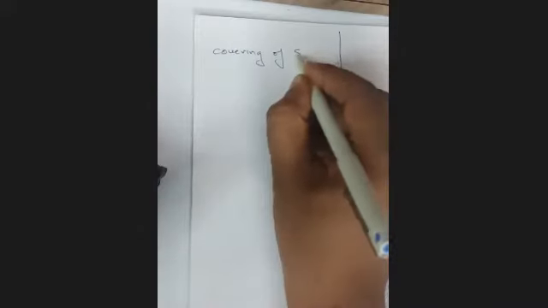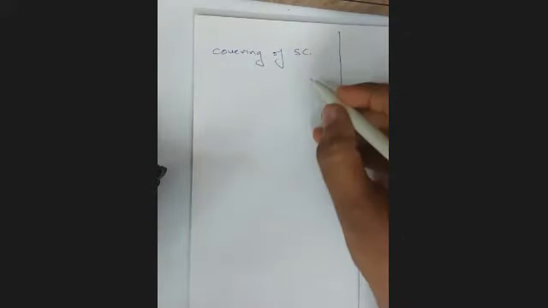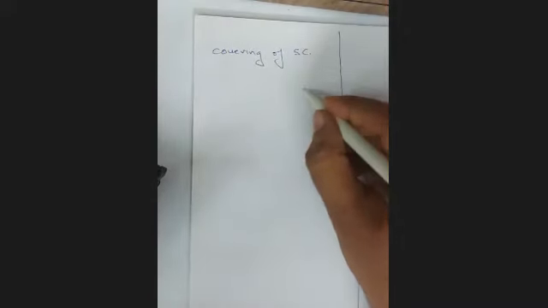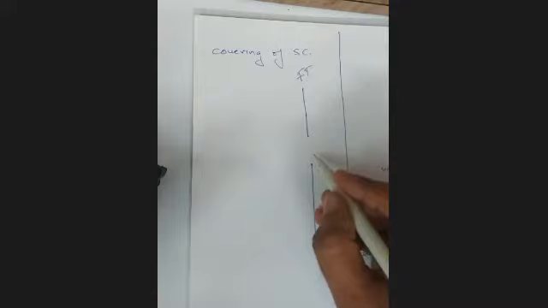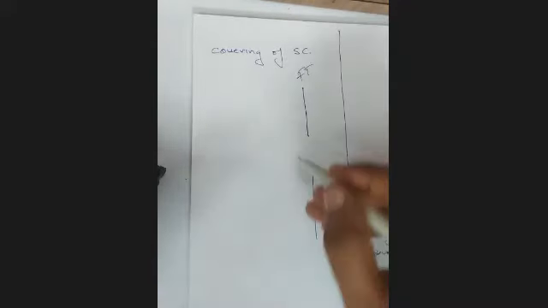Now let us discuss the coverings of the spermatic cord. Let us again go to the parasagittal section. This is fascia transversalis. An opening in the fascia transversalis is the deep ring.